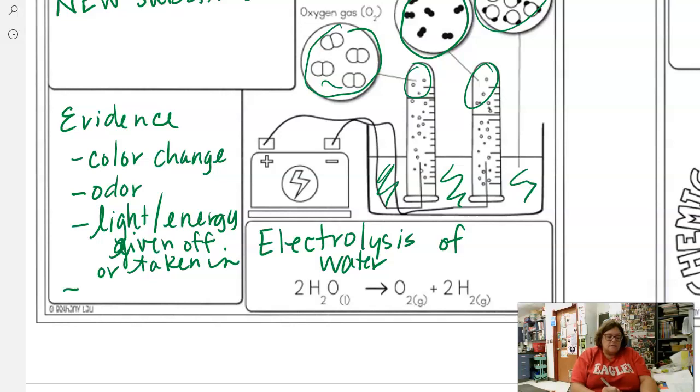A gas that is produced is an example. And finally, a precipitate, which is a solid that has formed out of a liquid, and it came from different chemicals.